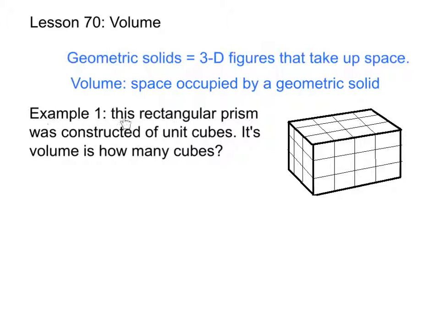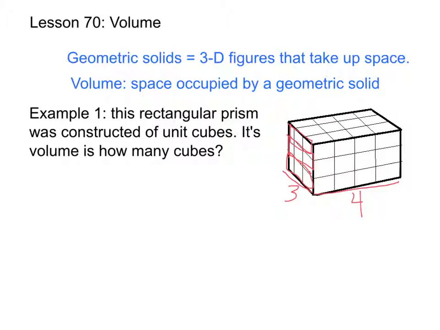Example 1 says this rectangular prism was constructed of unit cubes. Its volume is how many cubes? Well, as you can see here, we have 3 layers by 4. So 3 by 4. But we have 3 rows of that. 1 row, 2 rows, 3 rows.